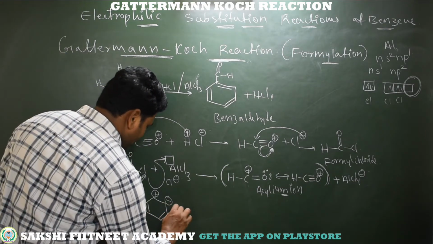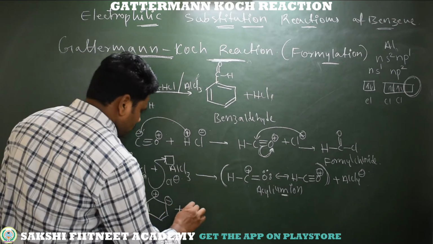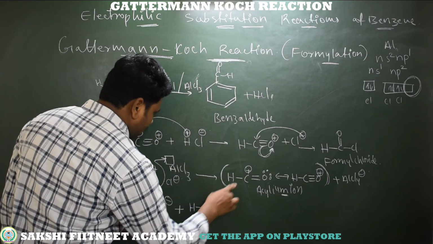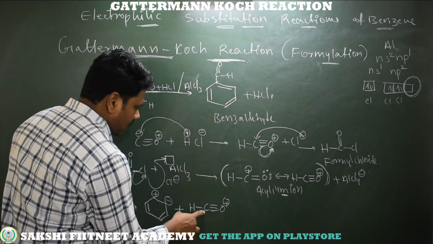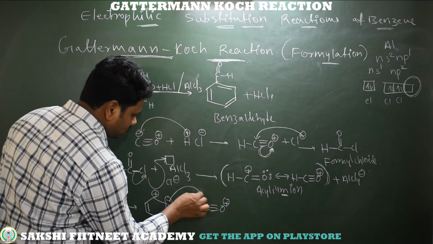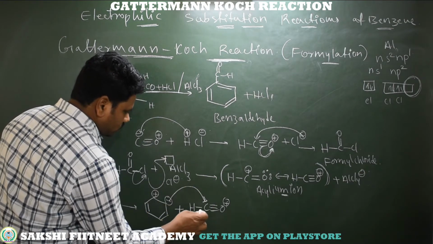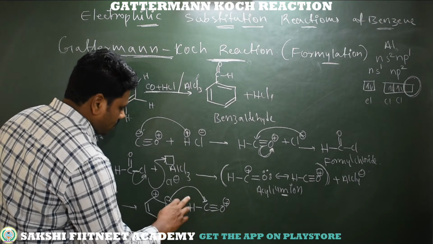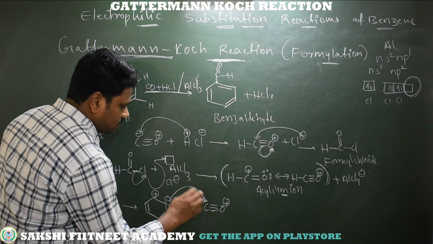Now these non-bonding electrons, the two electrons as a negative charge, are going to attack this acylium ion. See, this carbon is electrophilic in nature, so obviously the negative charge is going to make a bond with the carbon. Obviously, the non-bonding electrons directly attack this carbon.